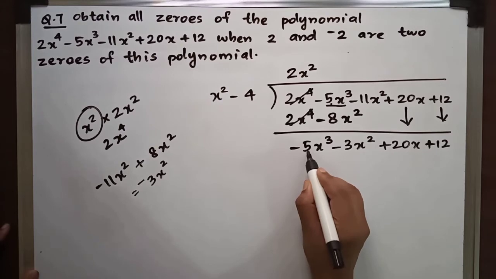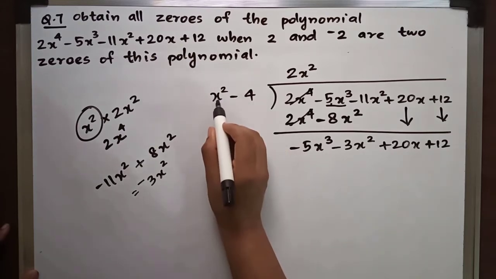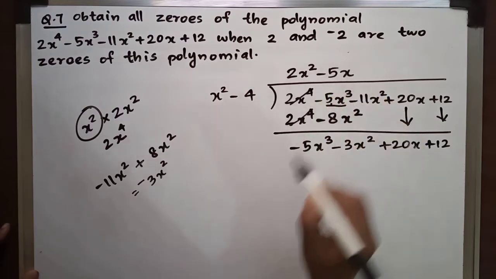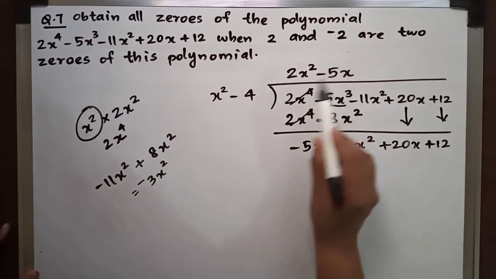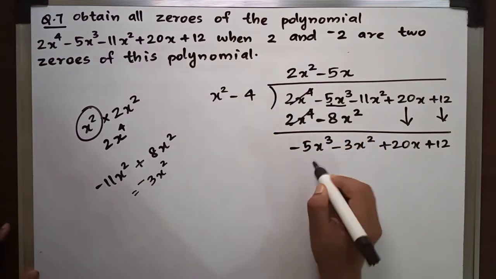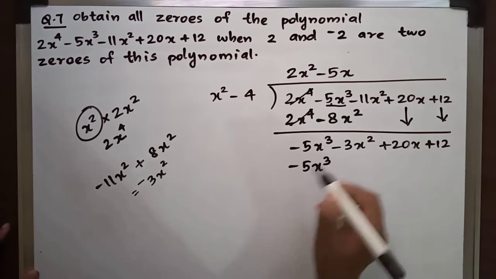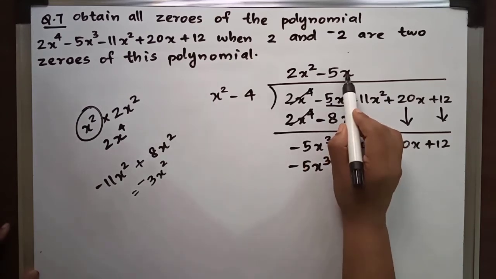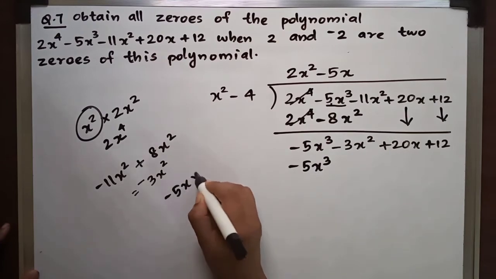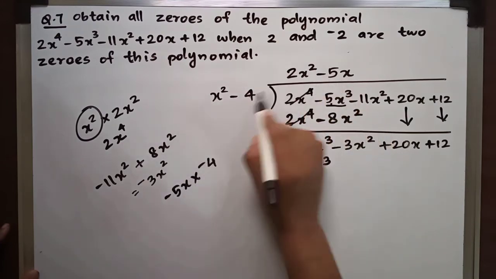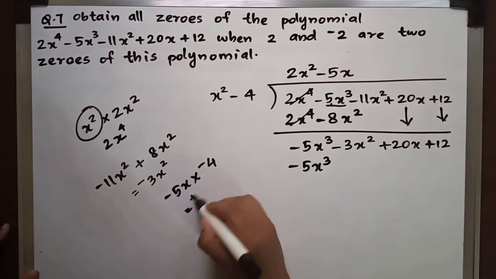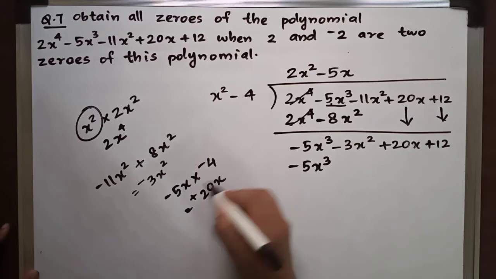Now I need minus 5x cube. Here I have an x square, so I will multiply it with minus 5x. Minus 5x into x square is minus 5x cube. Minus 5x into minus 4: two negative numbers multiplied means the answer is positive, and this is 20x.